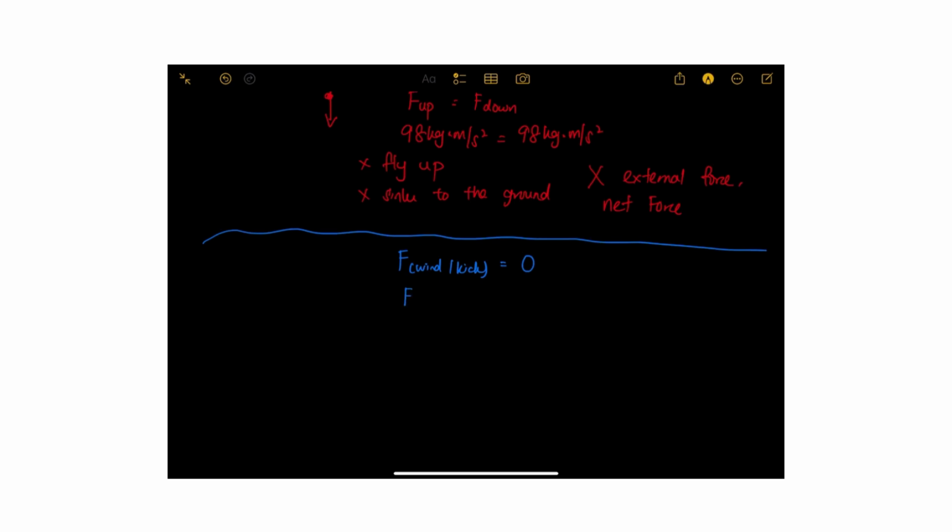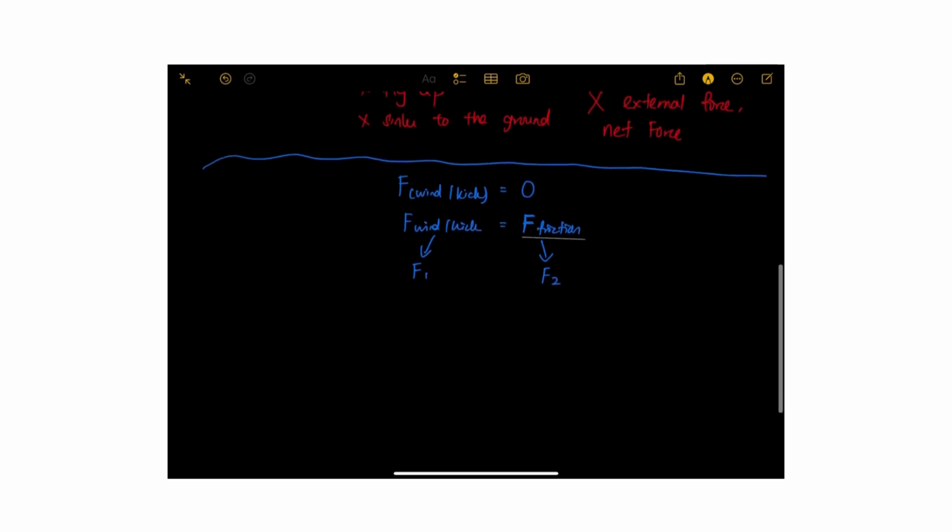And we have a frictional force at the right hand side direction. Because they are both the same, we will say F wind equals to F friction. So let's represent this F wind kick as F1, and this we use F2 to represent it.